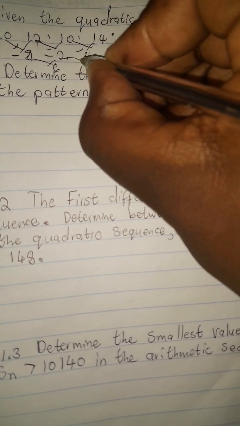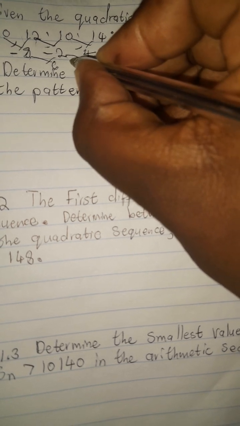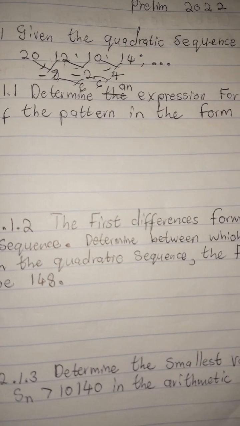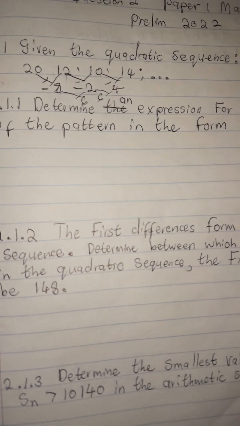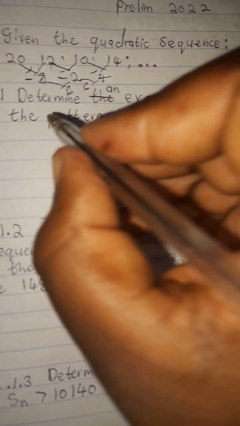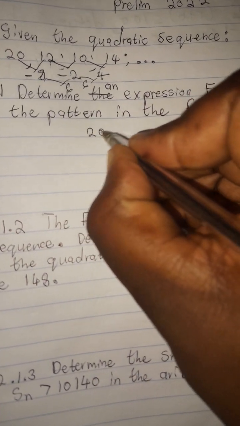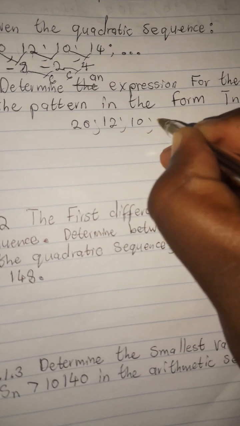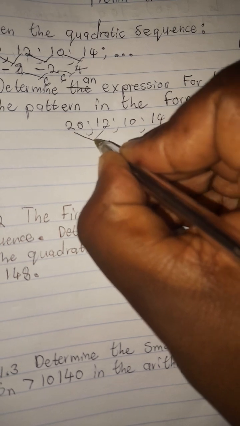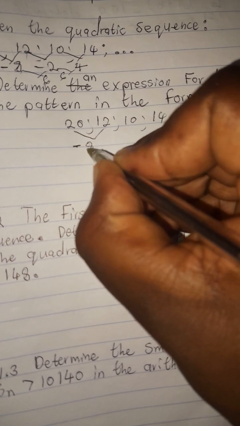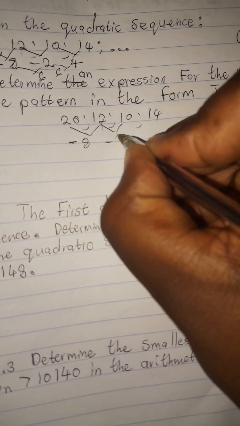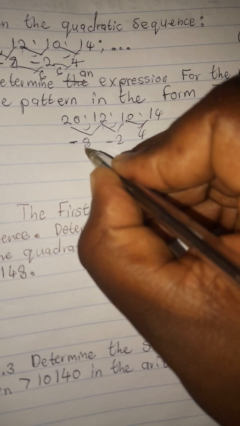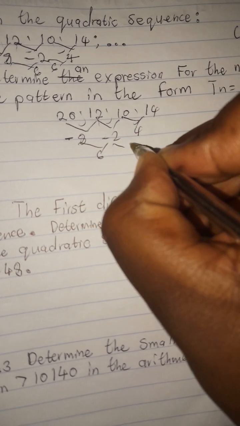And 4 minus negative 2, that will be 6. So we have the pattern 20, 12, 10, 14, in which the first differences are negative 8, negative 2, and 4, and the second difference is 6.